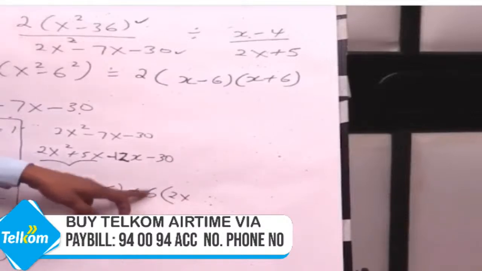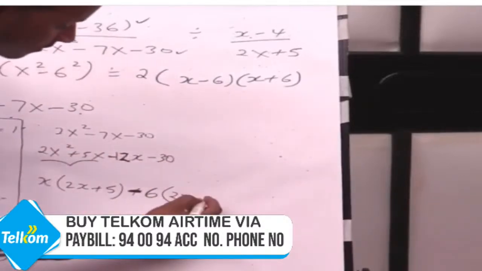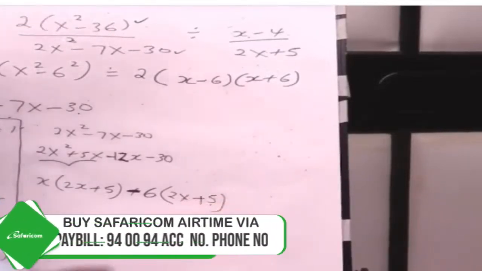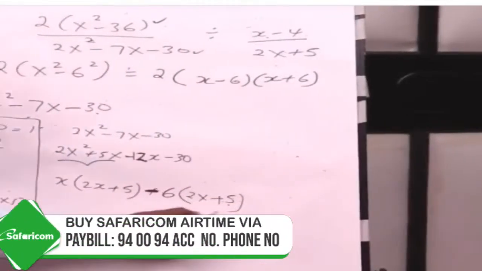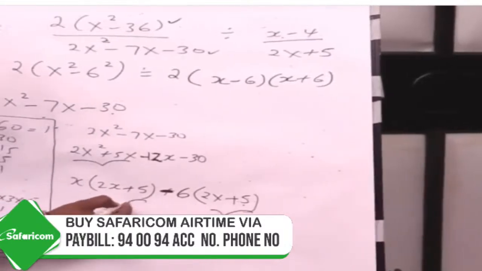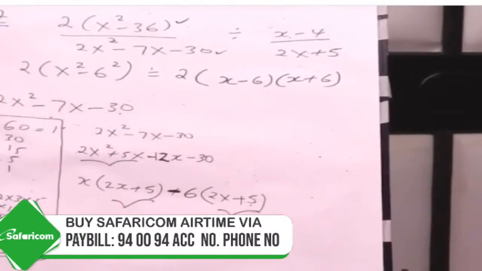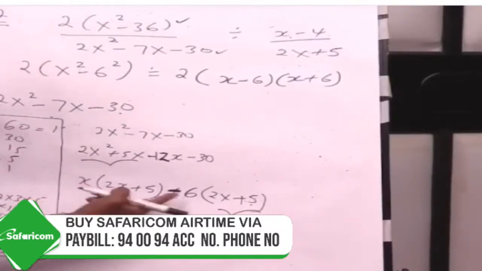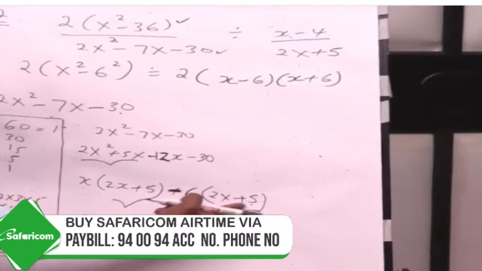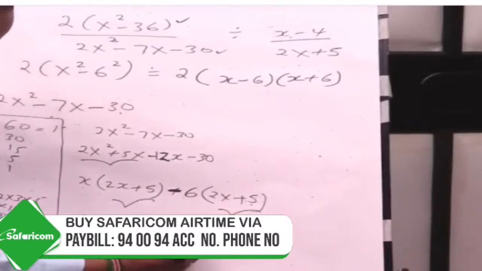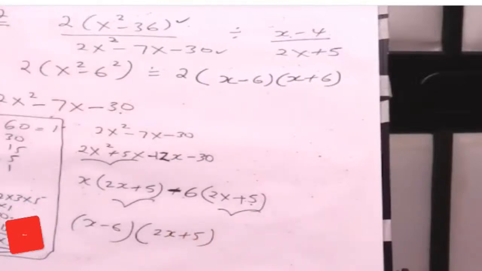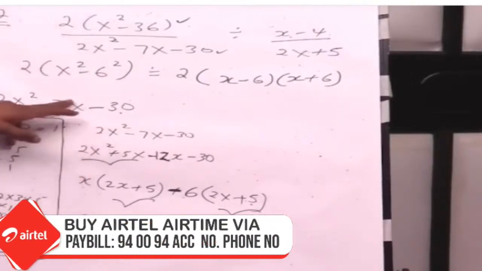Then minus 6 goes into minus 30. Minus and minus becomes plus, 5 times. So when you look at this, you find that in this bracket and this bracket, they are common. So you collect x minus 6. You take this x and minus 6. Then you take one of the common factors in the bracket here, which is that. So when you factorize this, you get this.